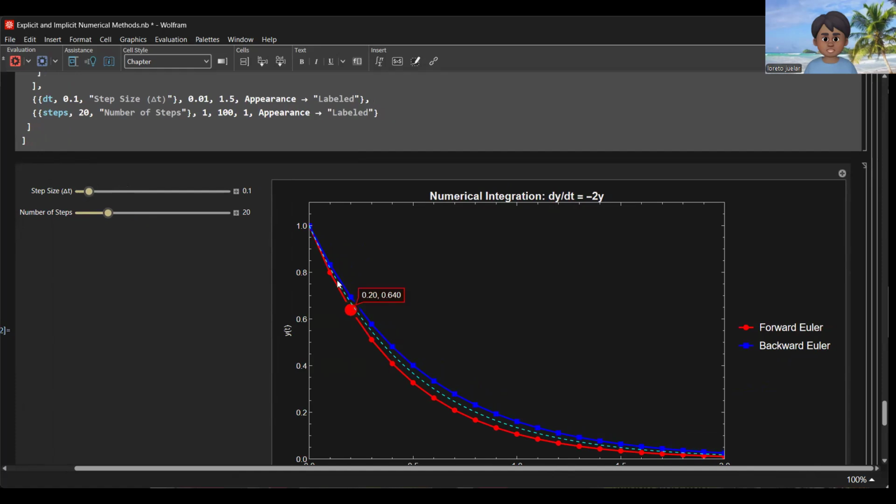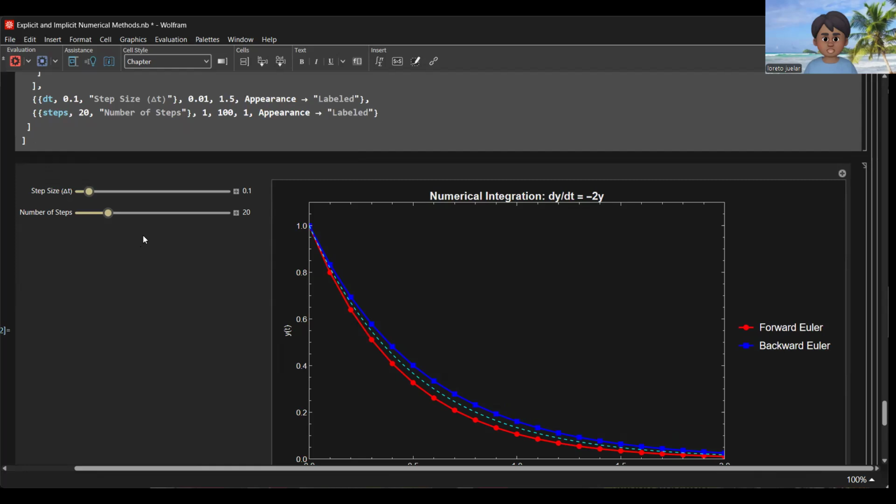Then we have the cyan color here, the plot in between the blue and red is the exact solution. So this one is the exact solution. Then this one is the backward differentiation formula. This one is the forward Euler method.